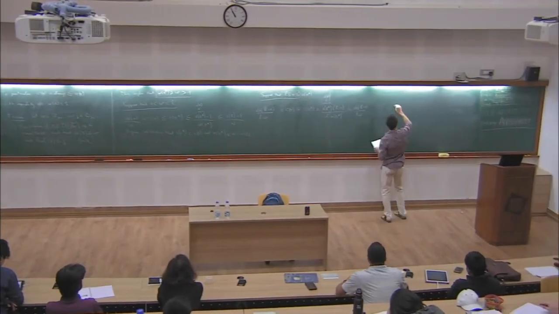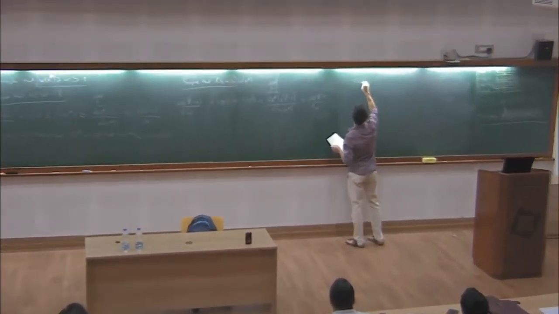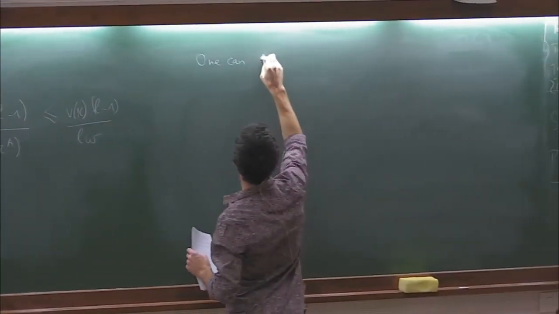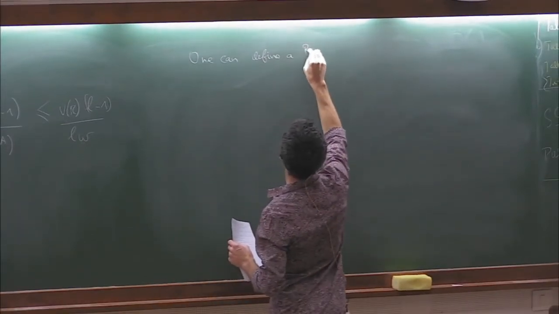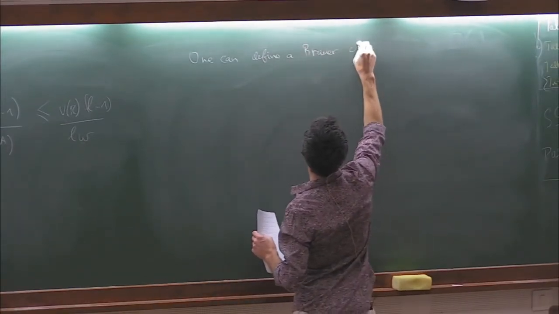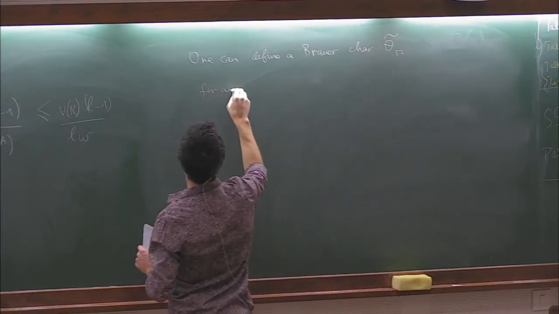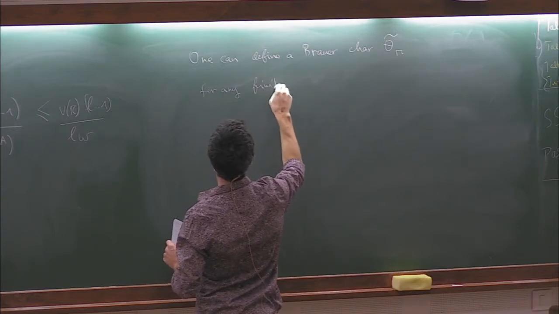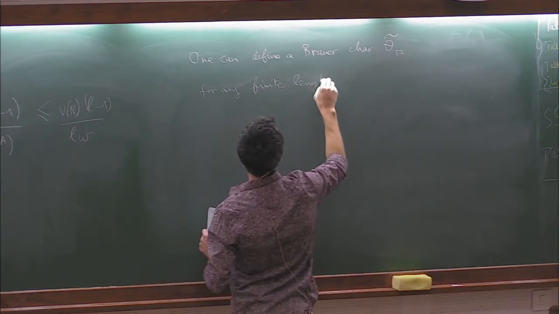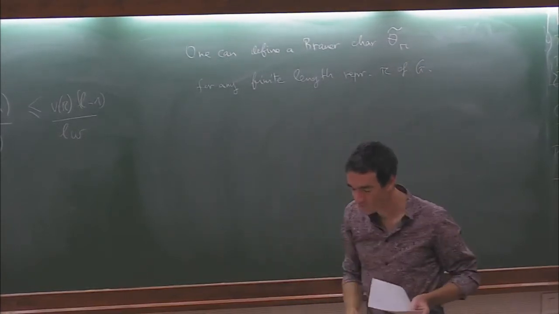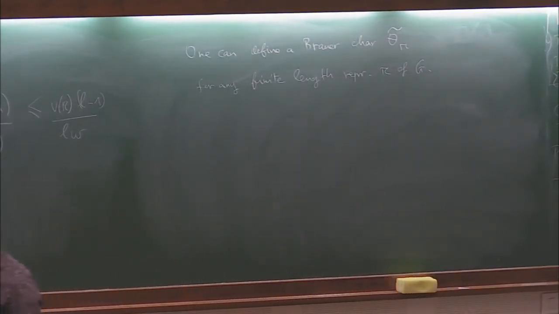By using Dat's theory of Brouwer character, one can define a Brouwer character theta pi tilde for any finite length representation pi of G. No need to be irreducible, finite length is enough.